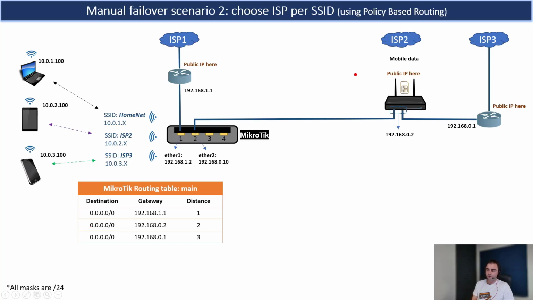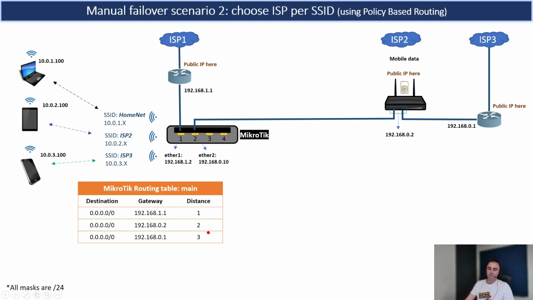I'm not discussing VRF today, but both of these methods rely on a single trick. And this trick is actually creating another instance of the routing table in the router. Because if you only have a single routing table, and we had this in the first scenario, we know how it works.